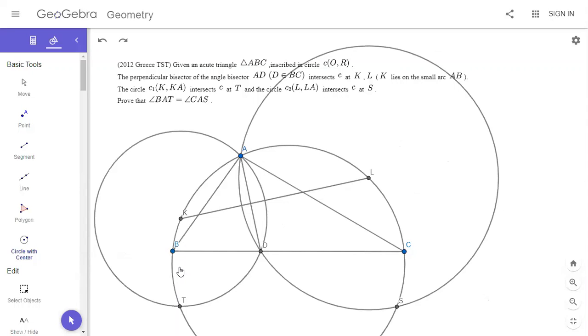So ED squared is EB times EC. Okay. Yeah, if we can prove KD and S are collinear and TD and L are collinear, that would solve the problem by stuff that I realized before.